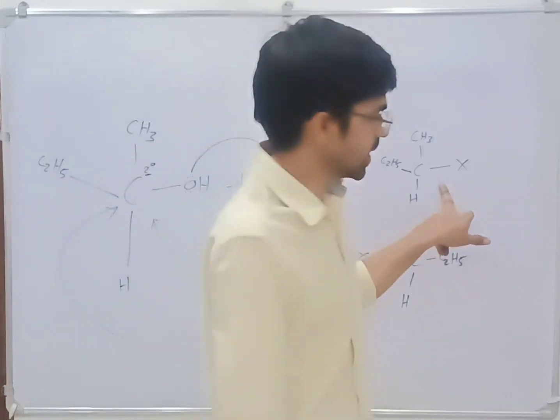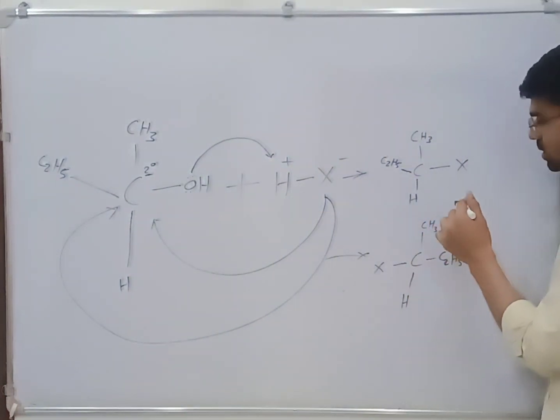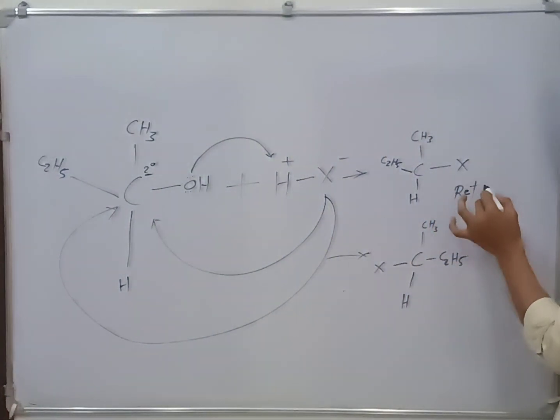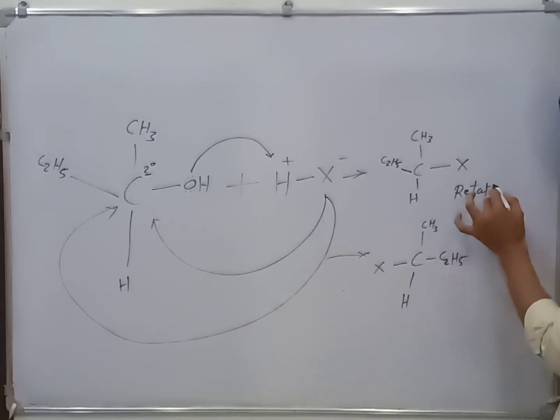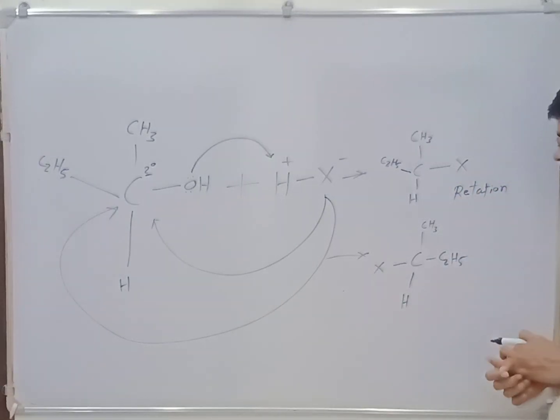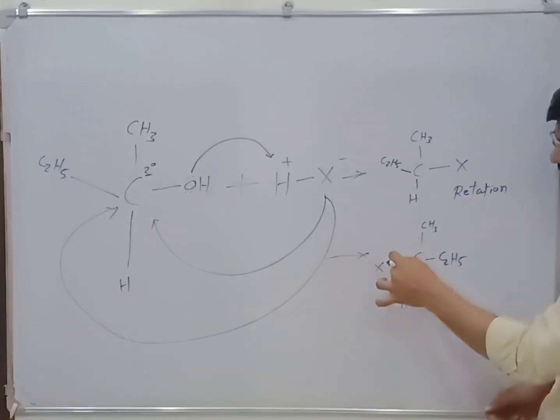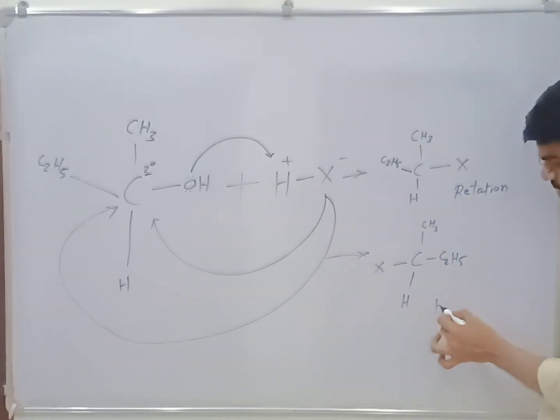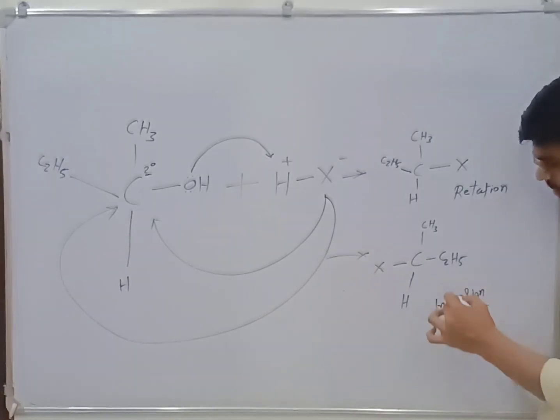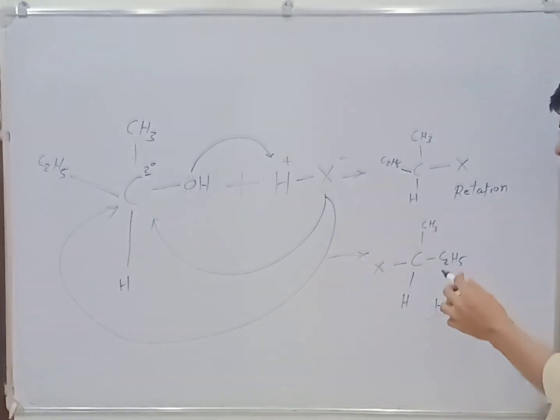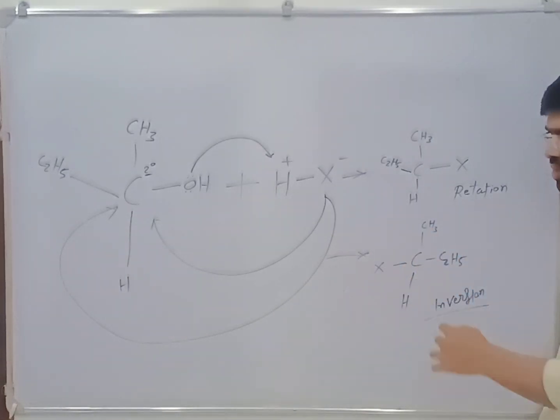When the X is attached from the front side, this is called the retention product, where the X is retaining the position of OH. When the X is attached from the rear side, this is called the inversion product, where X is attached from the reverse side.